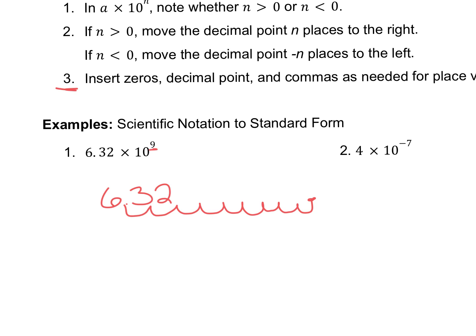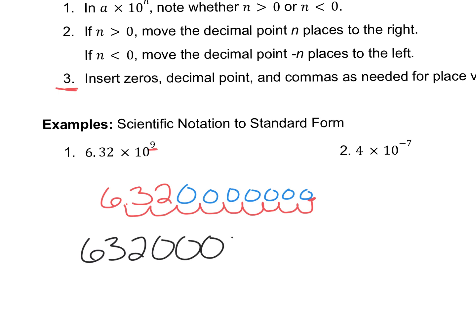What do I fill in with those empty spaces? Zeros. All of those empty spaces we fill with zeros. So rewrite, do not leave your answer like that. We need to rewrite. How many zeros did I put in there? 7. Now just fill in those commas.